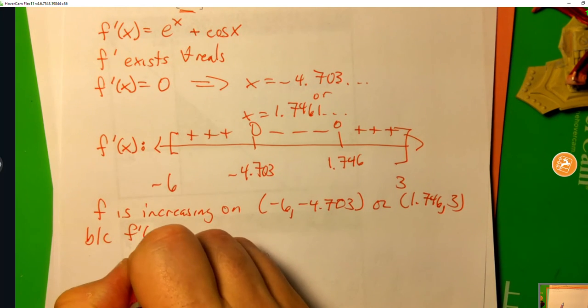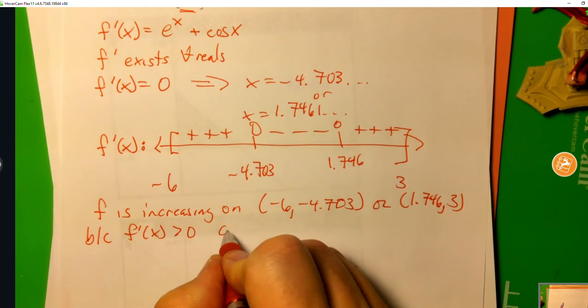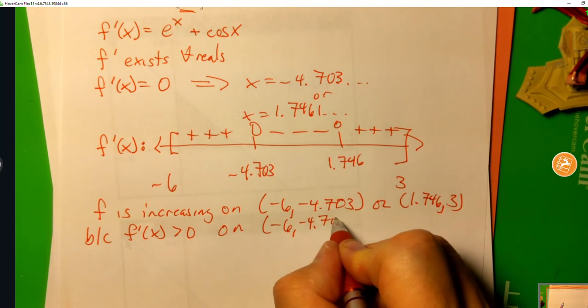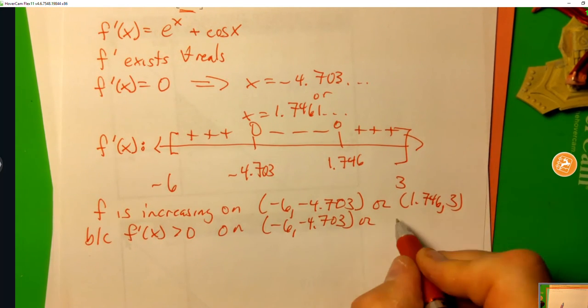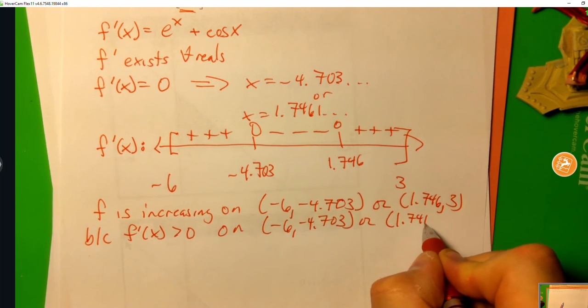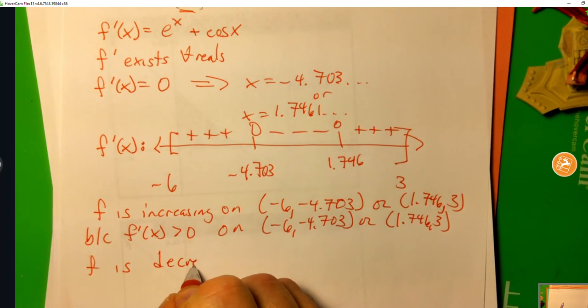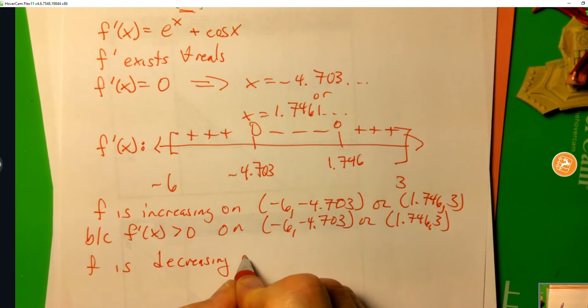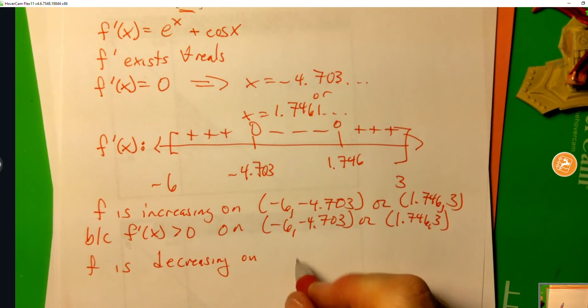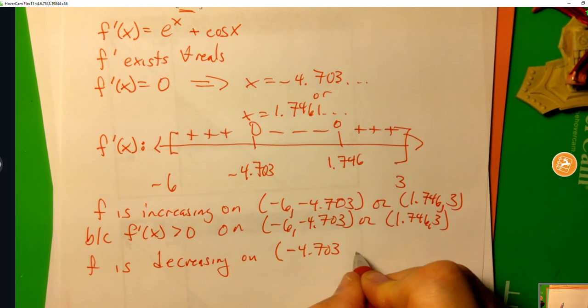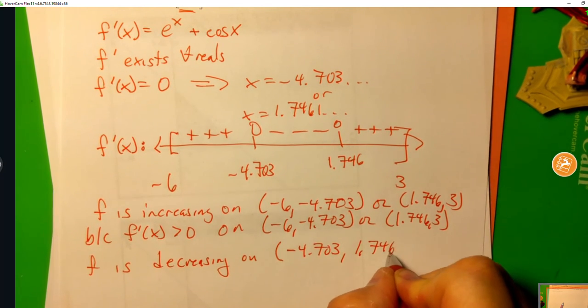Because the derivative is positive on, and just copy your intervals. f is decreasing on negative 4.703 to 1.746.